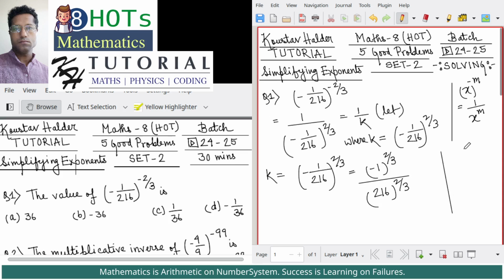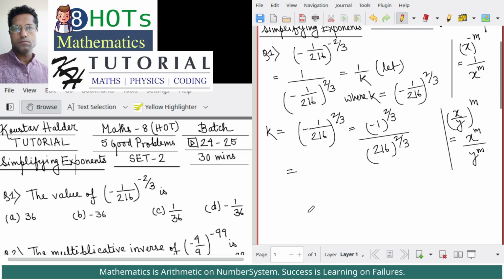Because we know that x by y, a rational number, raised to the power m, in the exponential form, can be expressed in the rational form as x to the power m divided by y to the power m. So this concept I have applied. So this is equal to, now what is minus 1 raised to the power 2 by 3? Minus 1 raised to the power 2 by 3.